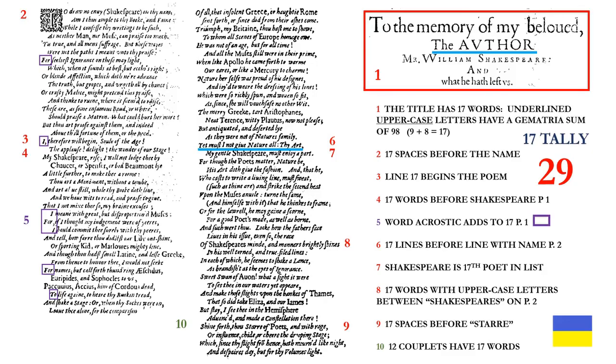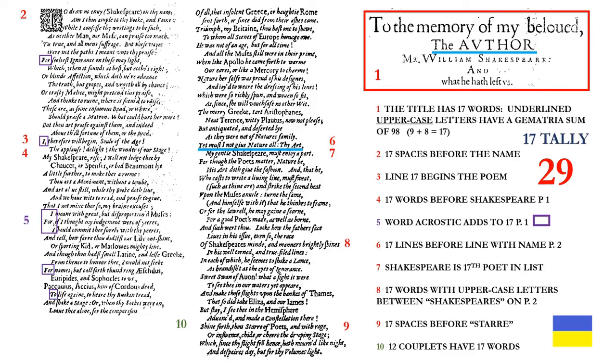There's also a word acrostic that adds to 17 on the same page. On page 2, there are 17 lines before the line that has the name. Shakespeare is the 17th poet in the list. 17 words with uppercase letters between Shakespeare's on page 2, or if we eliminate "and" from it, we have Shakespeare is the 17th name again.